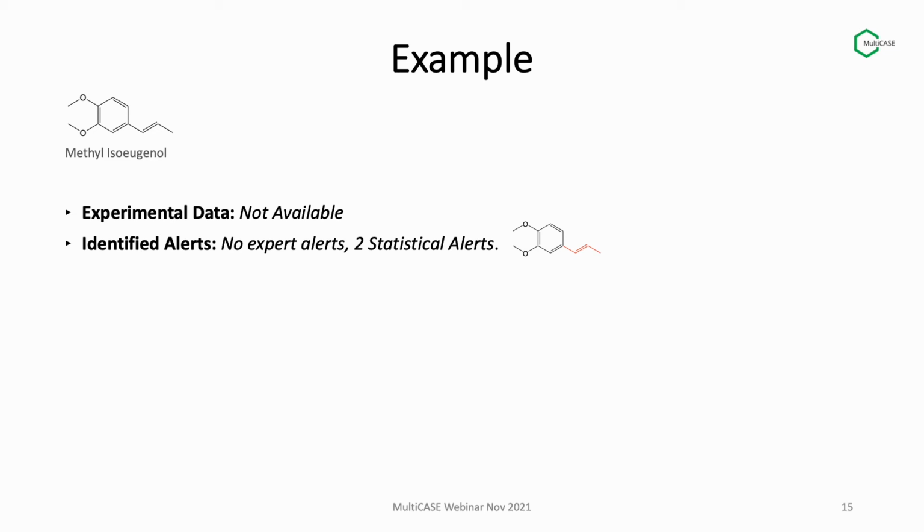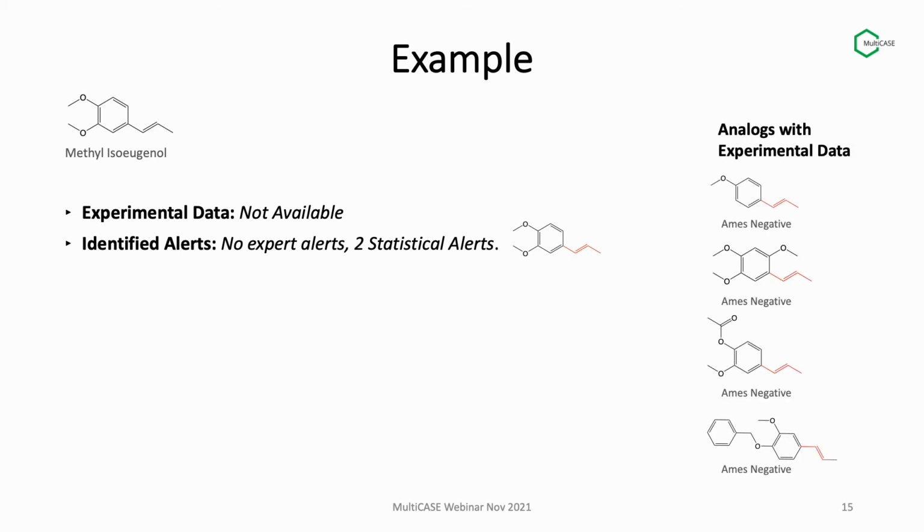That highlighted area actually contains two very closely related statistical alerts. So we got some alerts when we performed the QSAR evaluation from the default models. And now let's find out if this alert is relevant or not. Let's try to validate the mutagenicity potential of this alert.